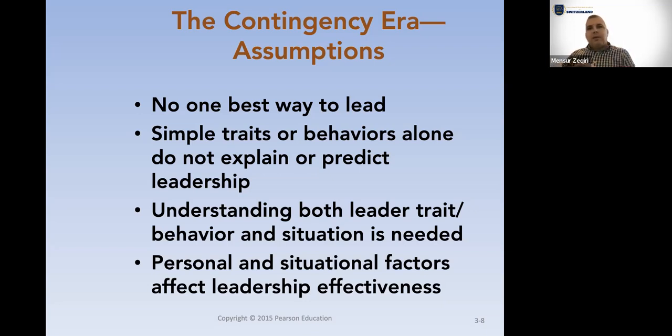Also, people can learn to become good leaders. This is also one of the main assumptions. Leadership makes a difference in the effectiveness of groups and organizations, and personal and situational characteristics or factors do affect leadership effectiveness. However, even with this particular era of research, some of these main assumptions continue to be well accepted.